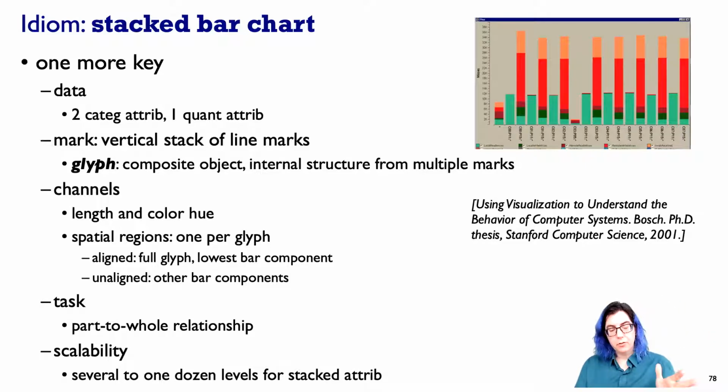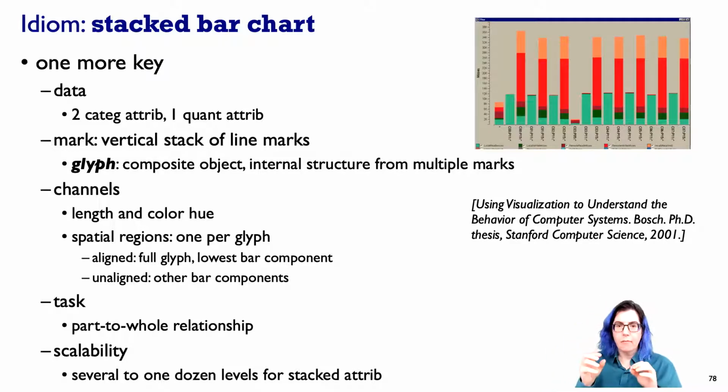So the channels we're still using are length, and we're using color. And we've got these spatial regions where, again, we've divided up. But now in each region, we don't just have a single line, we have this whole glyph, which is the stacked bar. A thing to notice is that we have high precision ability to compare lengths for the bottom segment of the stacked bar chart and for the entire bar.